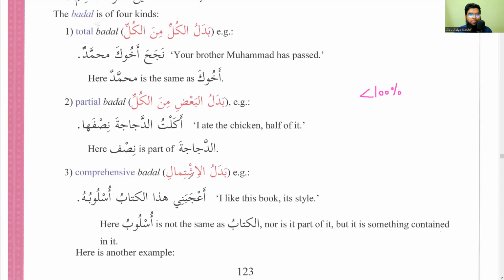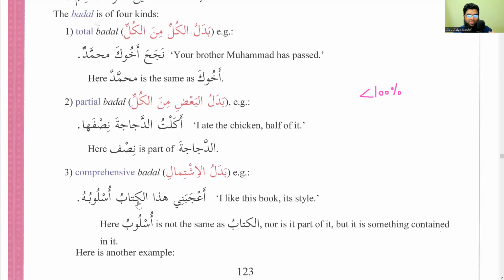Then we have badalul ishtimal. What is the third type? Badalul ishtimal. What is ishtimal? Ishtimal is to include something. Here it is neither full nor half. It's not a part of it. It is a feature about it, a quality about it. So they call it comprehensive badal, but inclusive. Like ajabani hadal kitabu, this book pleased me, or I like this book.